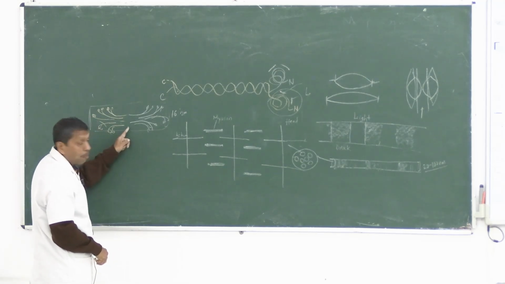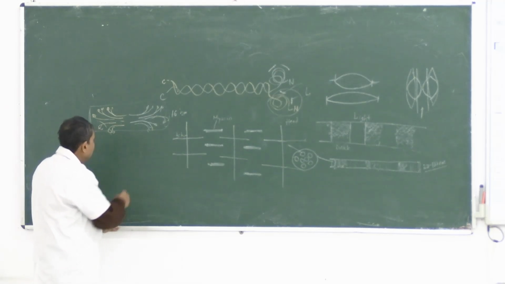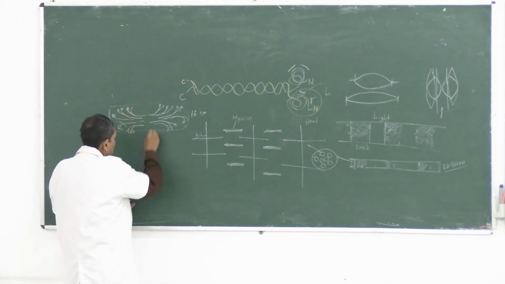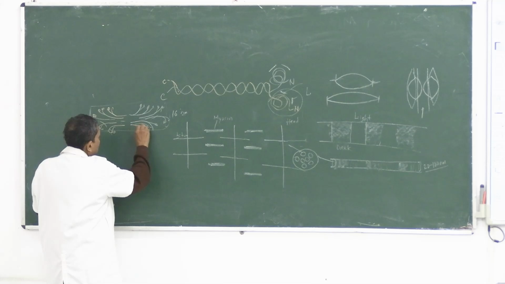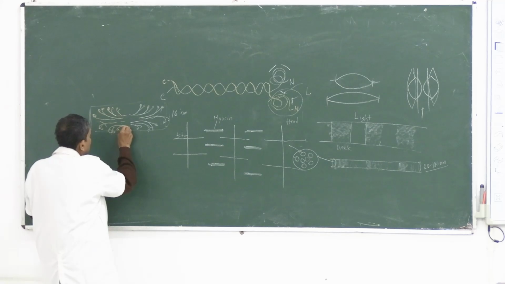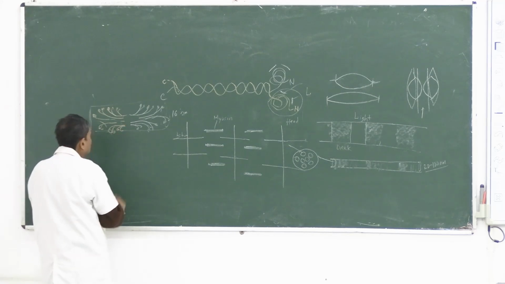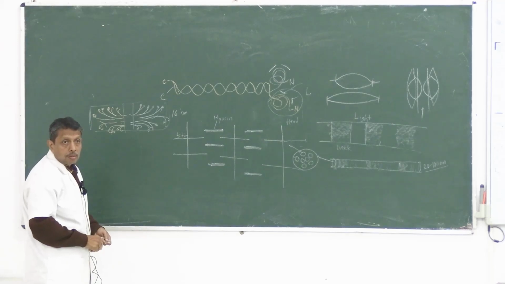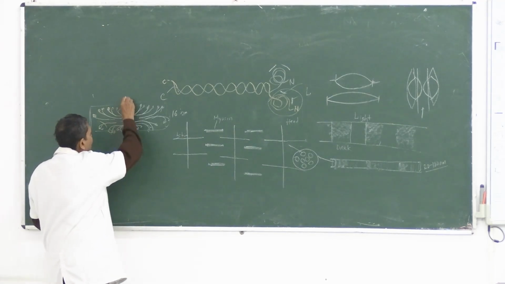And at the very central part, it is free from these side chains. Central part. In this part, it is free from the side chains. And they form the M line.